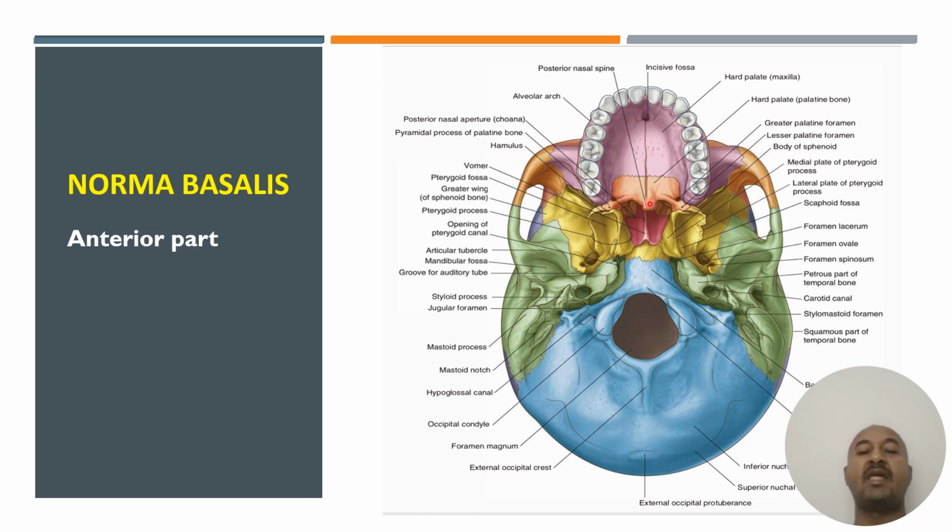Okay, and we have two foramina here, which are the greater palatine and lesser palatine foramen. Okay, so this is the anterior part of the base of the skull. Alveolar arch, hard palate. That's it.